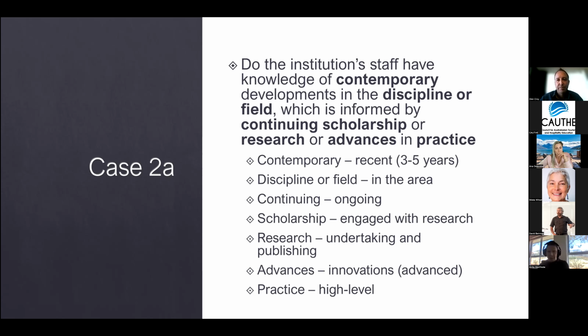They have done a little bit of scholarship by attending a higher education workshop series, but they also have only a bachelor degree and no practice-based experience. So that would be considered, I guess, not meeting the standards.